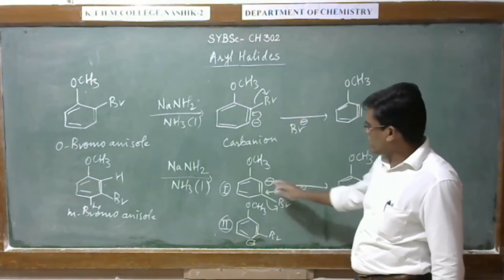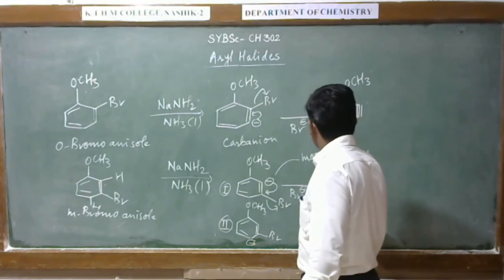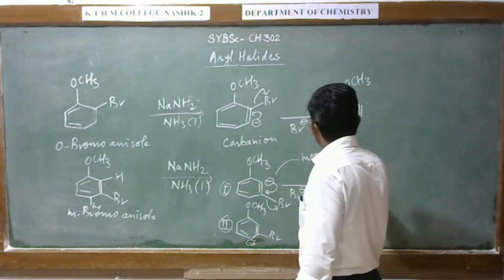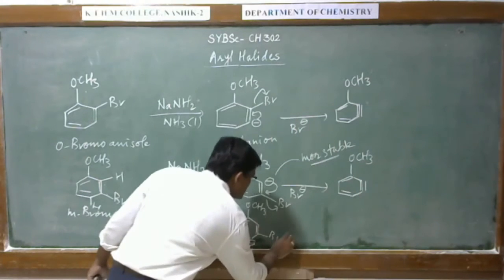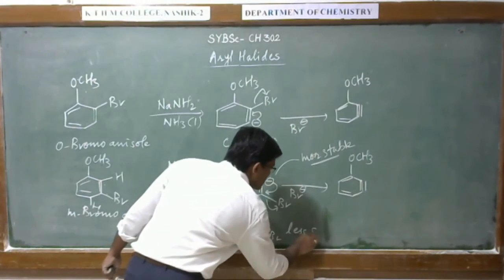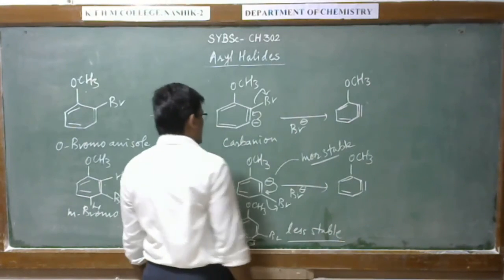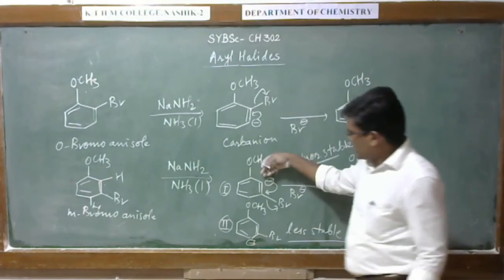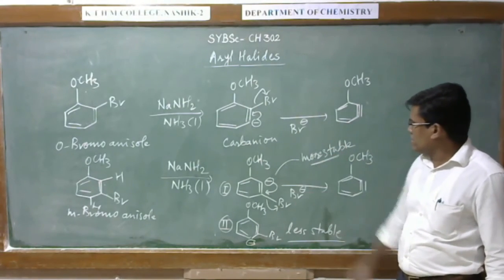Why is it so? Because this carbanion is more stable than this carbanion. This is less stable, okay, because of this inductive effect. So this is the more stable carbanion.